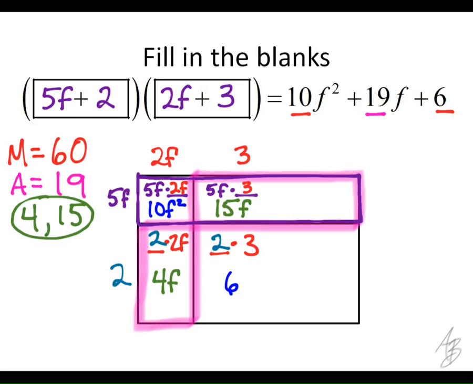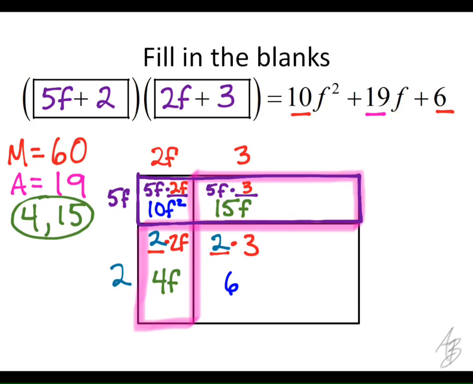Now, I want to make a quick comment about this. I said earlier when we got the 4 and the 15 that it doesn't matter which one goes where. And that's true. We could have put the 4F here and the 15F here. If we had done that, then the 5F and the 2 would have been up top instead of on the side, and the 2F plus 3 would have been along the side.